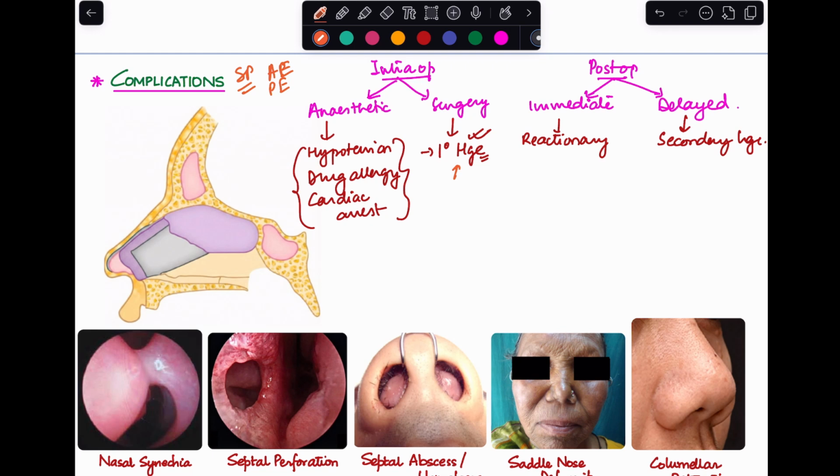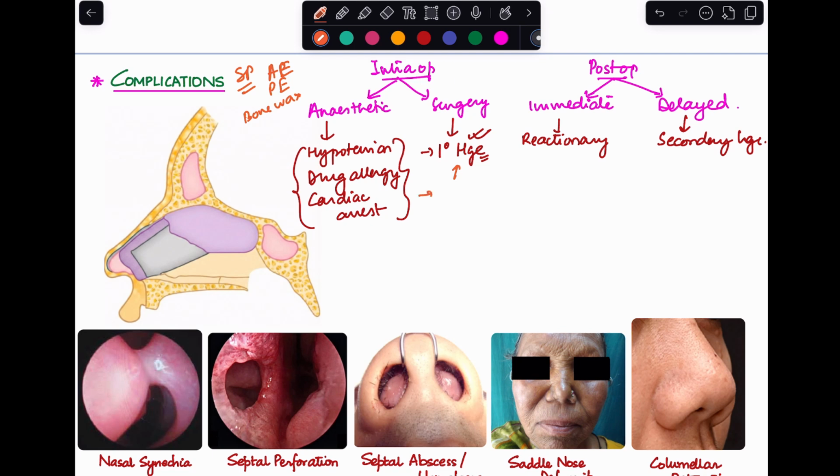And how do we manage this? We will either manage it by packing of the nose, or we can even cauterize the bleeding point. Now, if you see that there is any bleeding happening from the bone in the floor, that can be stopped with the help of either bone wax, or you can do it with the help of packing as well, or a bone hemostat. So that's about primary hemorrhage.